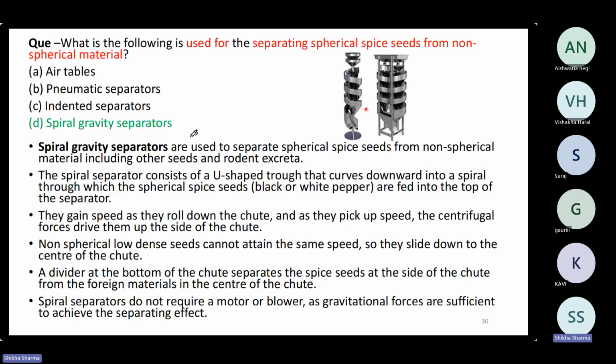D is the correct answer. Spiral gravity separators are used for the separation of spherical spices from non-spherical spices.